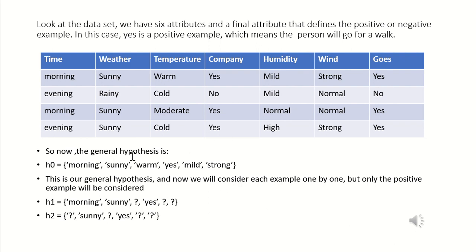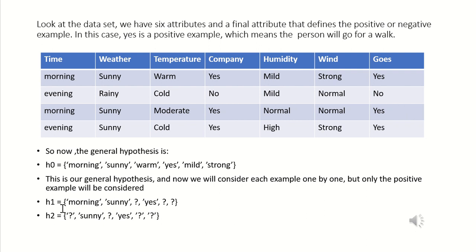So now the general hypothesis is the first row: morning, sunny, warm, yes, mild and strong. This is our general hypothesis, and now we will consider each example one by one, but only the positive examples. From the data set, we are ignoring the second row.